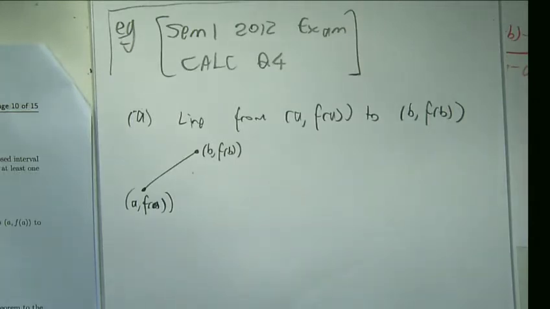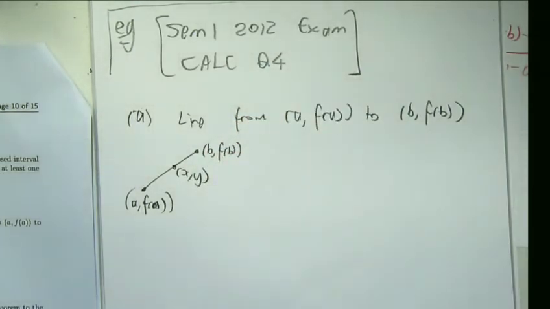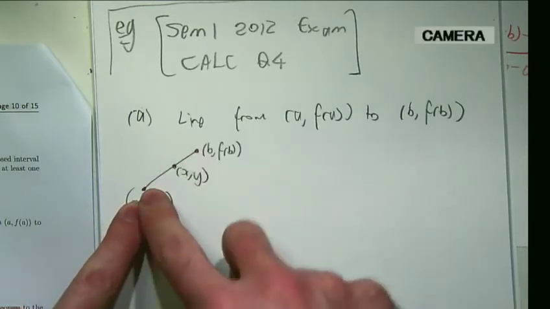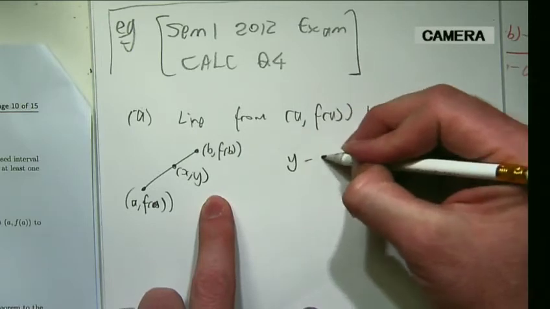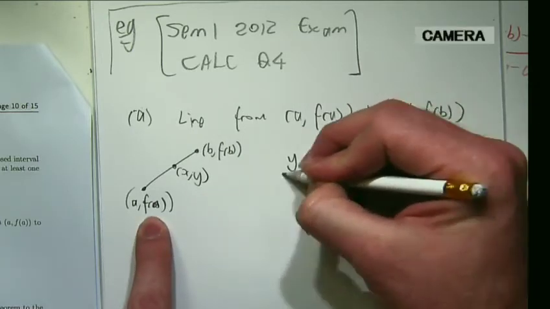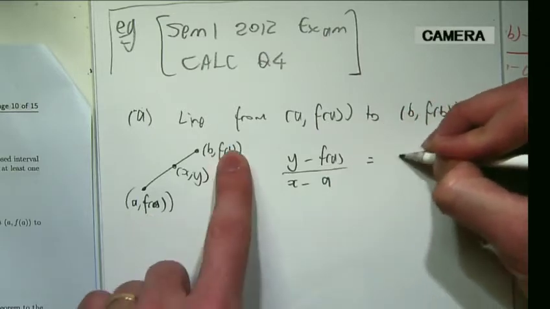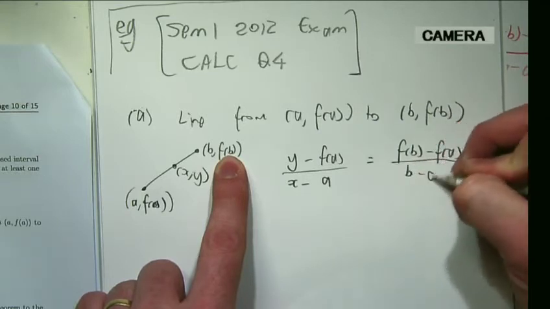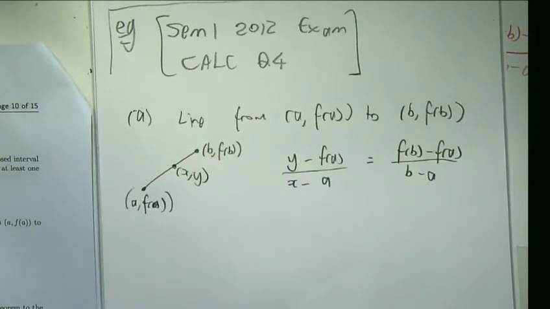You don't technically need that. What you do is you imagine a point x, y on this line, and you go, well, the slope from here to here is the same as the slope from here to here. And so you go y minus f of a over x minus a is f of b minus f of a over b minus a. That's the slope from here to here. That's the slope from here to here. And that's the equation of your line.